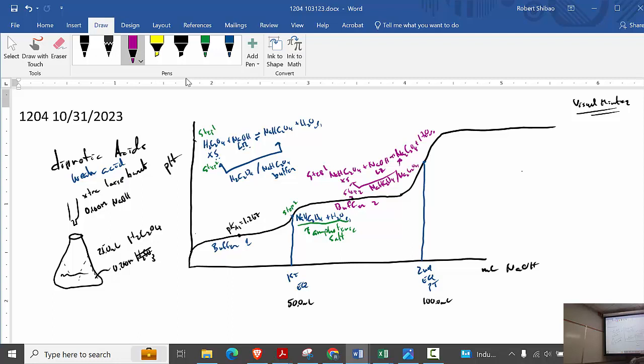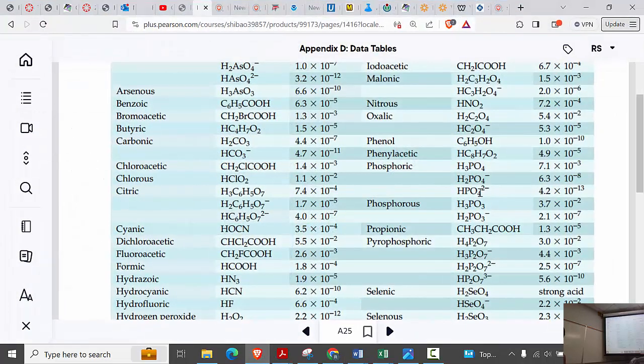And so at the half equivalence point, the pH is equal to pKa. So pKa2 is equal to, let's go ahead and calculate it, 5.3 times 10 to the minus 5. We'll take the negative log of that.